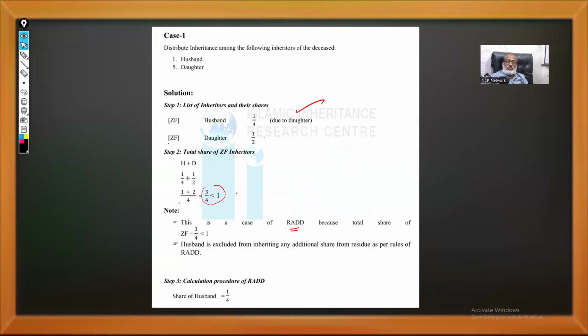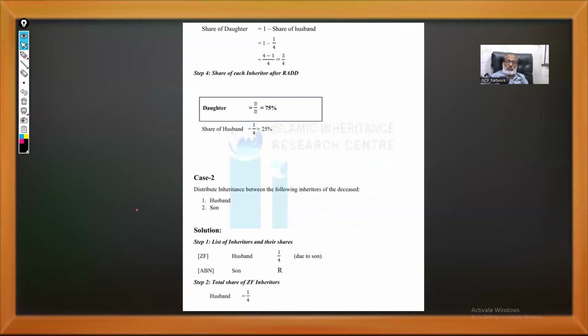And when the husband or the wife is present in case of Radd, the residue will not return back to the husband. According to Umar radiallahu ta'ala anhu, the predefined share will go to the husband first, that is 1 by 4, and the rest of the share will go to the daughter. It means that is 3 by 4.